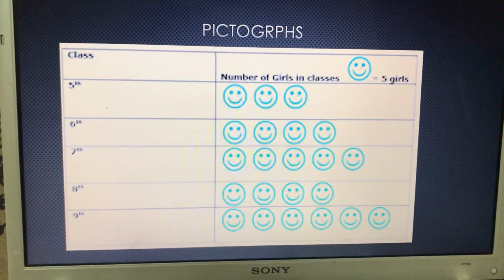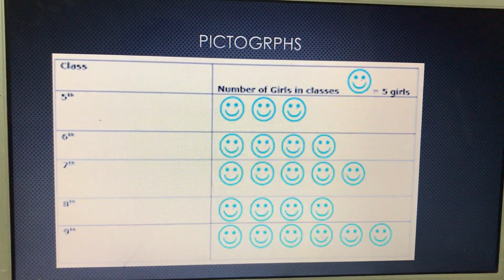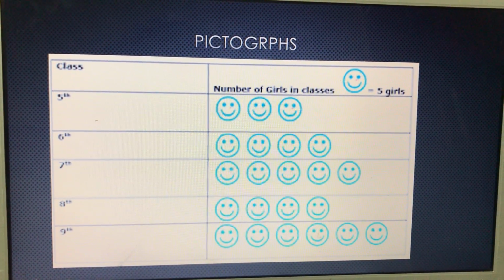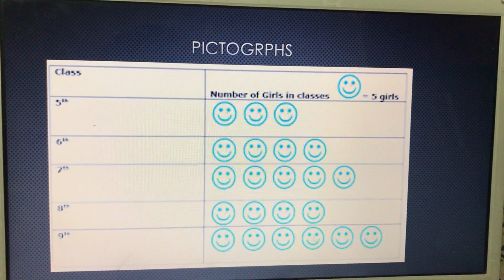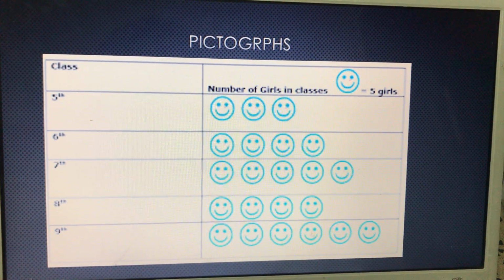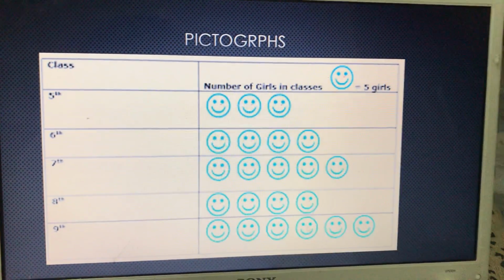Next we have pictographs. Pictographs means by using pictures we represent the data. Now suppose on the left hand side we have class, 5th class, and here a smiley is the symbol for 5 girls. A smiley means 5 girls.